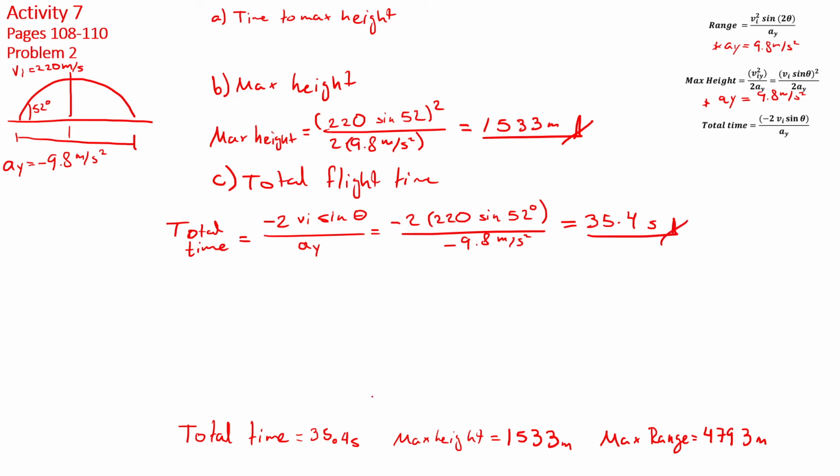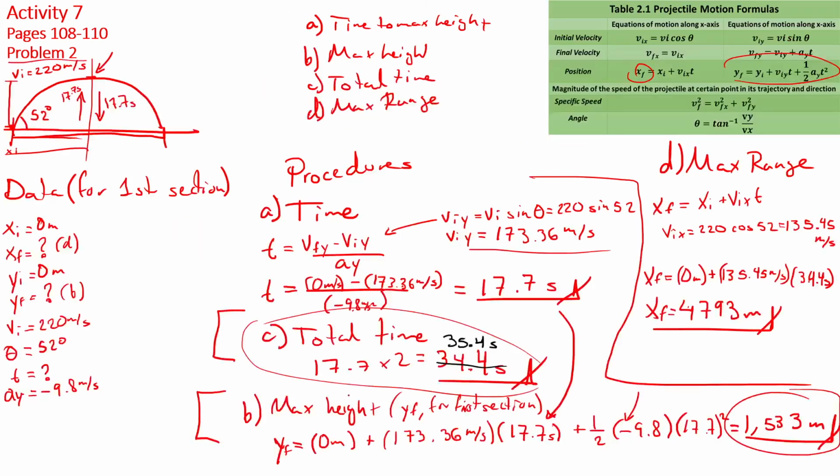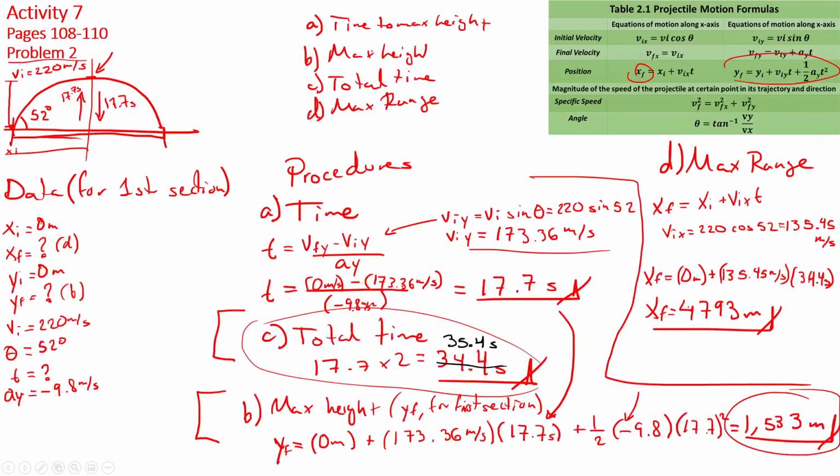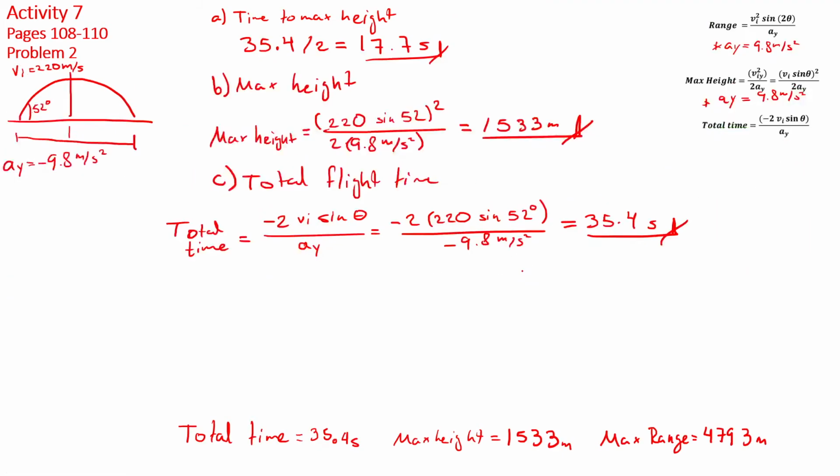And that's the exact same answer as in the previous procedure. And then you divide 35.4 by 2, and that's equal to 17.7 seconds to the maximum height, just as in the previous exercise.